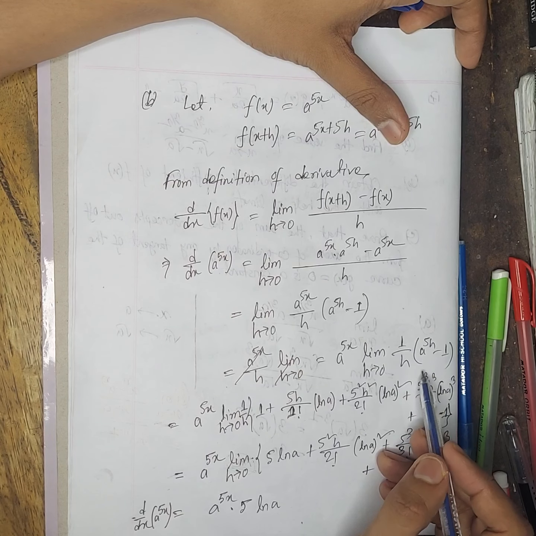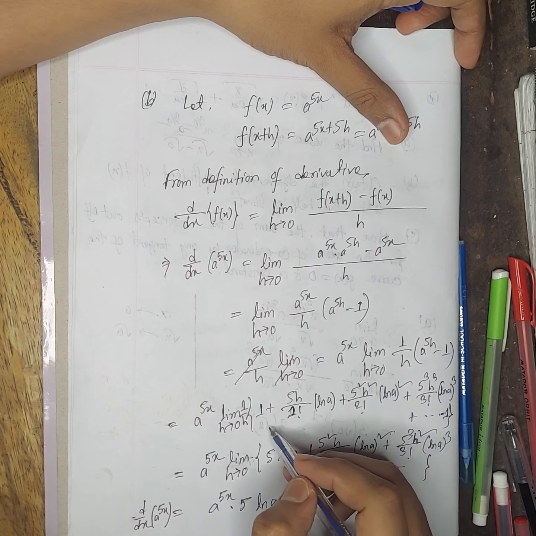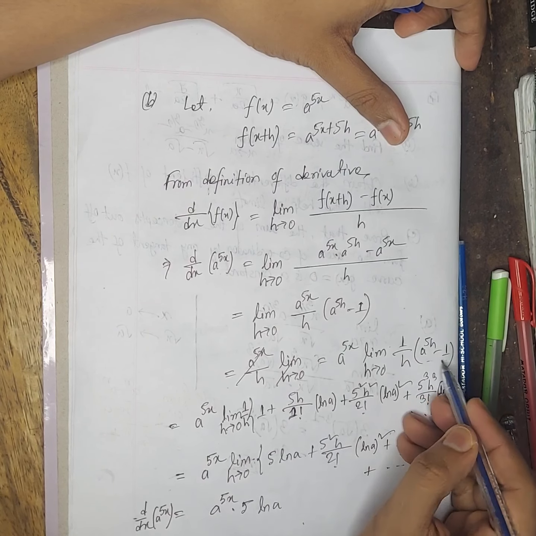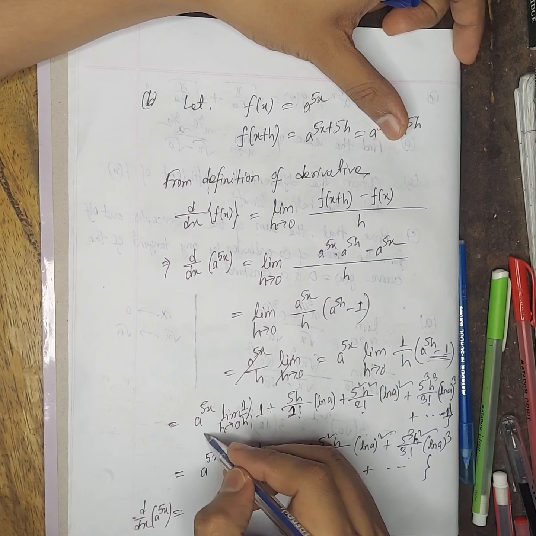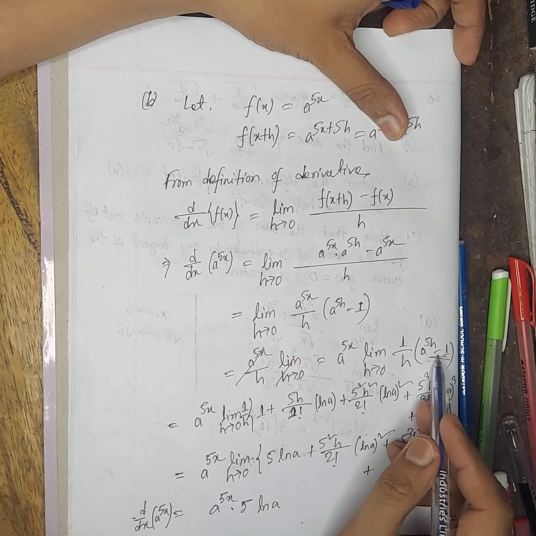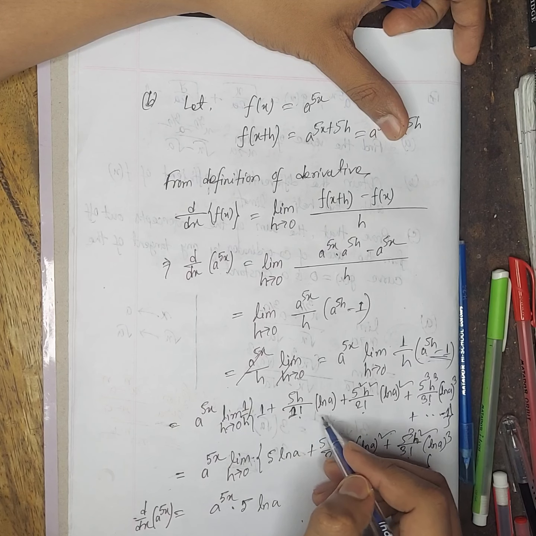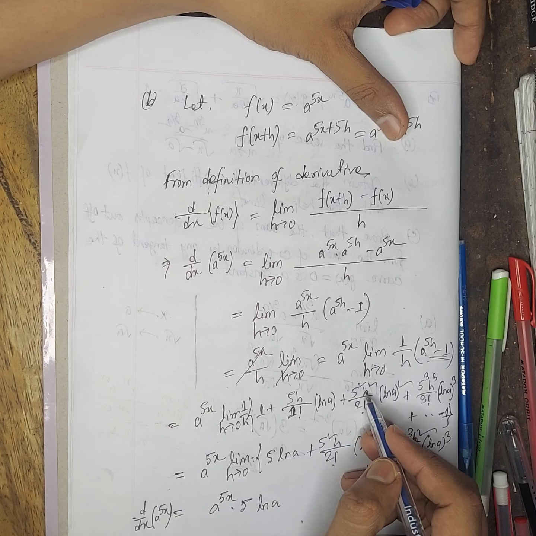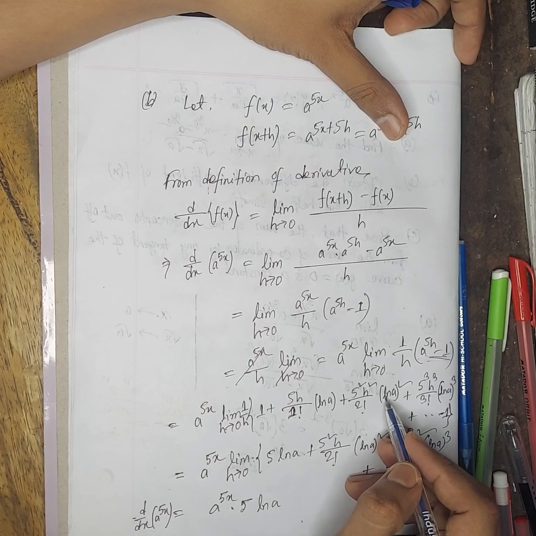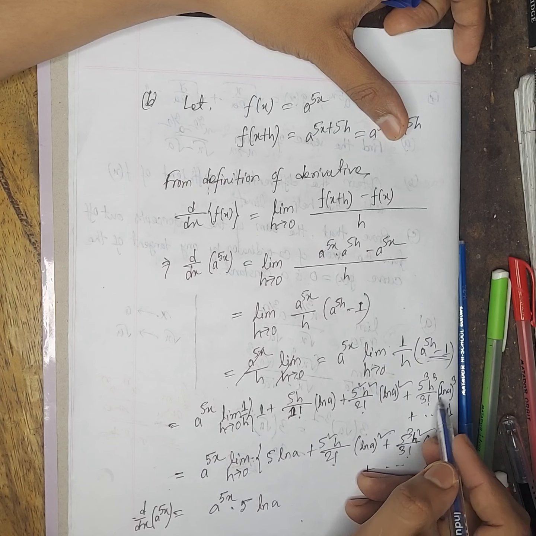Now we expand this term: a to the power 5x times limit h tends to 0, 1 by h times 1 plus 5h by 1 factorial times ln a, plus 5 square h square by 2 factorial times ln a whole square, plus 5 cube h cube by 3 factorial ln a whole cube.